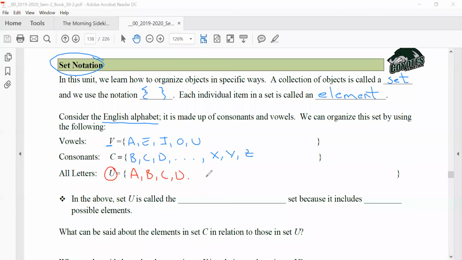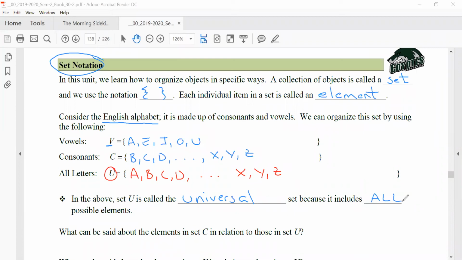It's an important way for us to classify this set. Do you notice that the set U has all of the vowels and all of the consonants in it? This set U is called the universal set because it includes all possible elements.